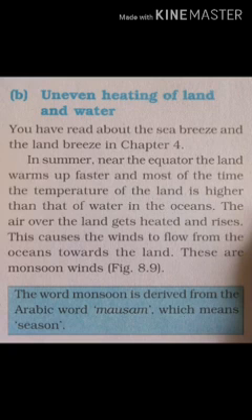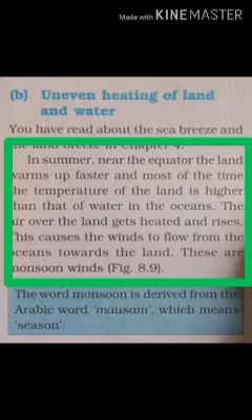The second reason for the wind currents is uneven heating of land and water. You know, land gets heated faster than water, and you have also learned about sea breeze and land breeze because of this uneven heating. In summer, near the equator, the land warms up faster, and most of the time the temperature on the land is higher than that of the water in the oceans.